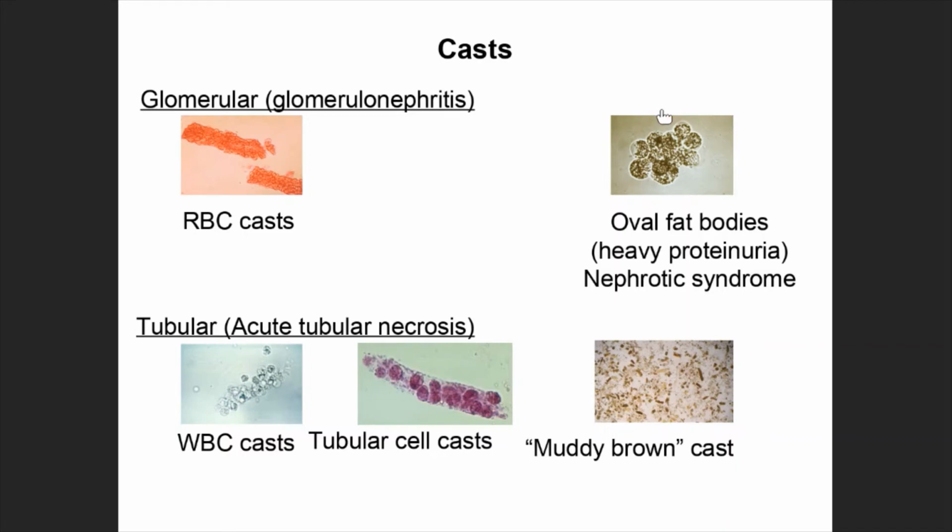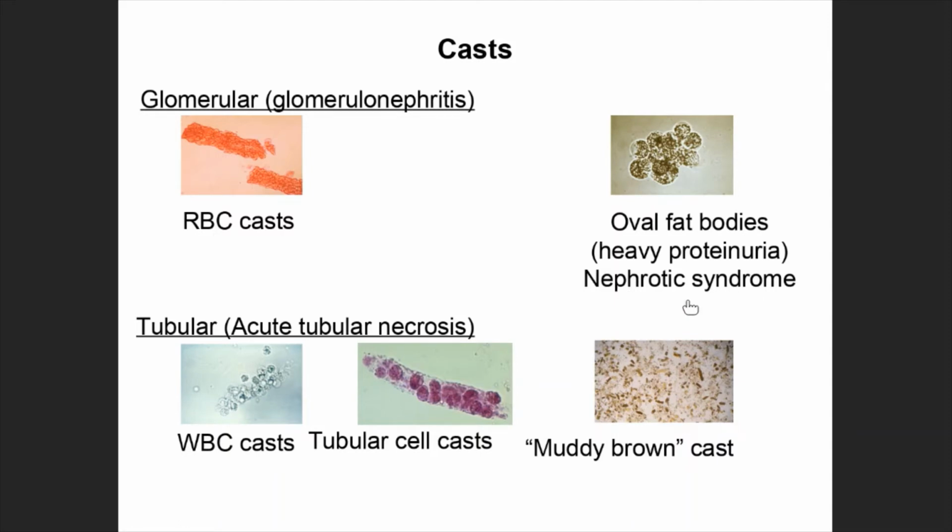Now, interestingly, you also see a lot of fat. We're going to see that nephrotic syndrome is caused by a lot of protein in the urine. If you see protein in the urine, the pathophysiology is that your albumin should not be in the urine. If you lose albumin in the urine, your protein level will be low.